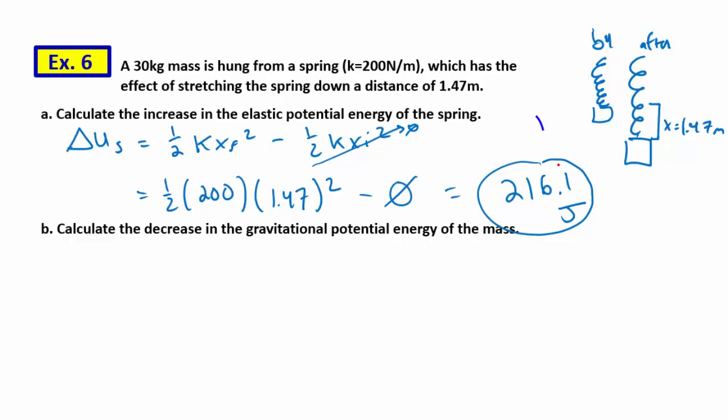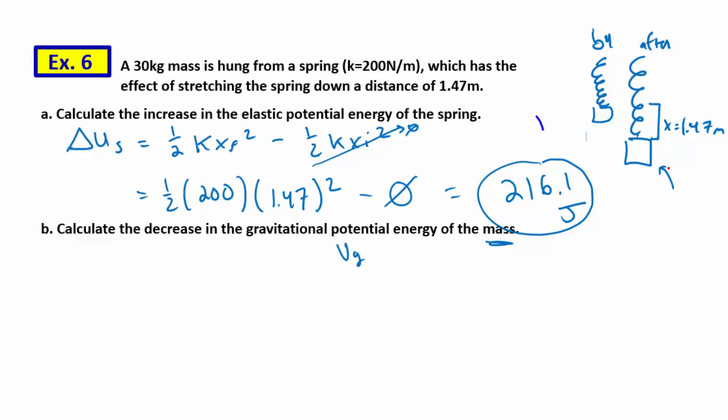Okay, the next question says calculate the decrease in gravitational potential energy, so U sub G, of the mass. Okay, so the mass was at some height above the ground, and so now its vertical position has changed. And so I'm going to use this lowest level here.